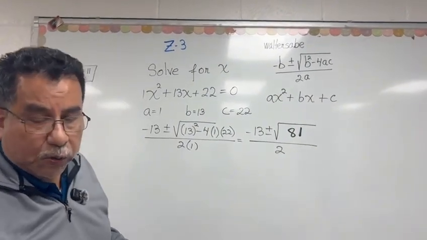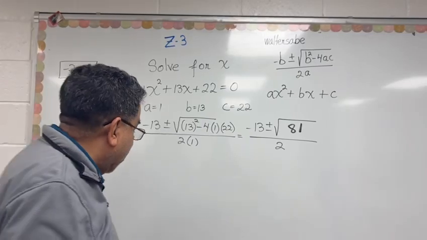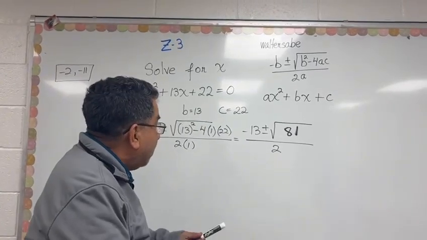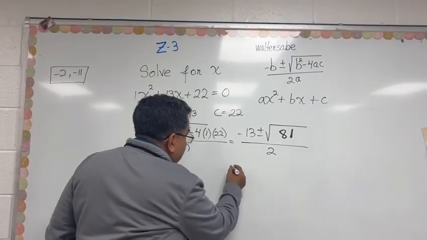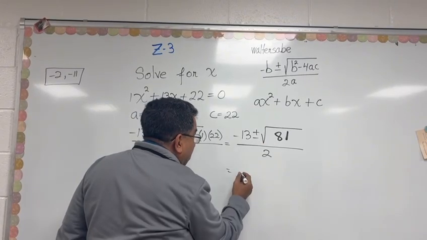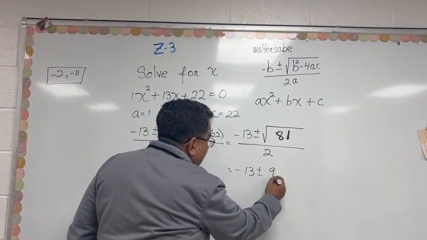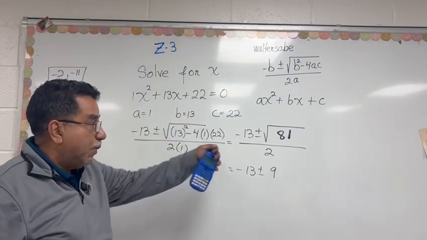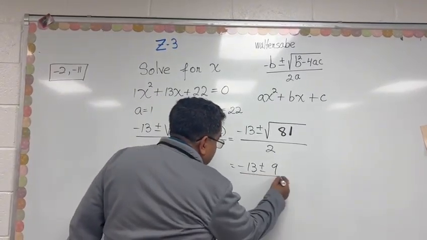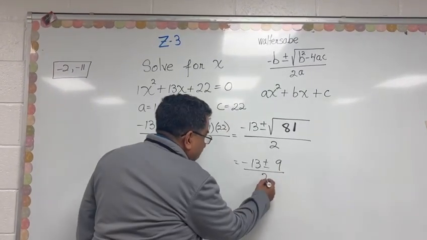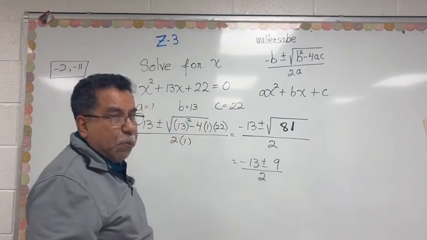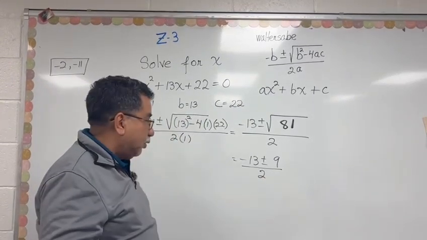Now, we know that the square root of 81 is equal to 9. So next step, instead of having a square root of 81, just put 9. Because square root of 81 is 9. Equal over 2. From here, we need to get two solutions.